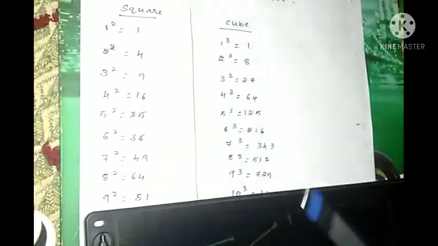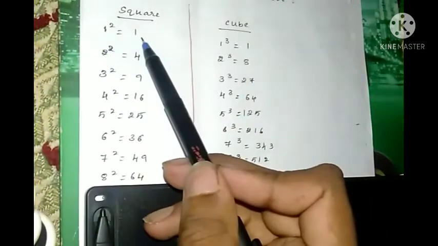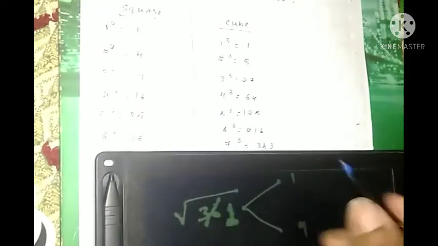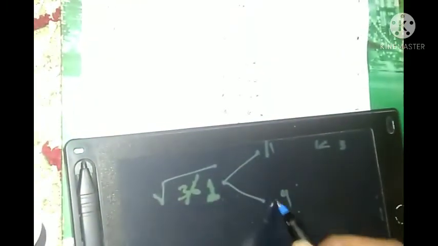Suppose we take 4 square, that is 16, which is greater than 3. We take 2 square, that is 4, also greater than 3. And 1 square is 1, that means 1 is less than 3. So we take 1 here.